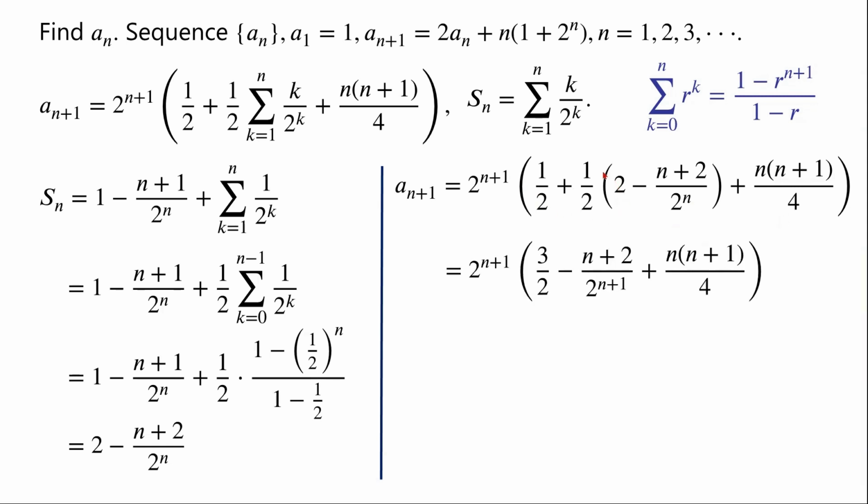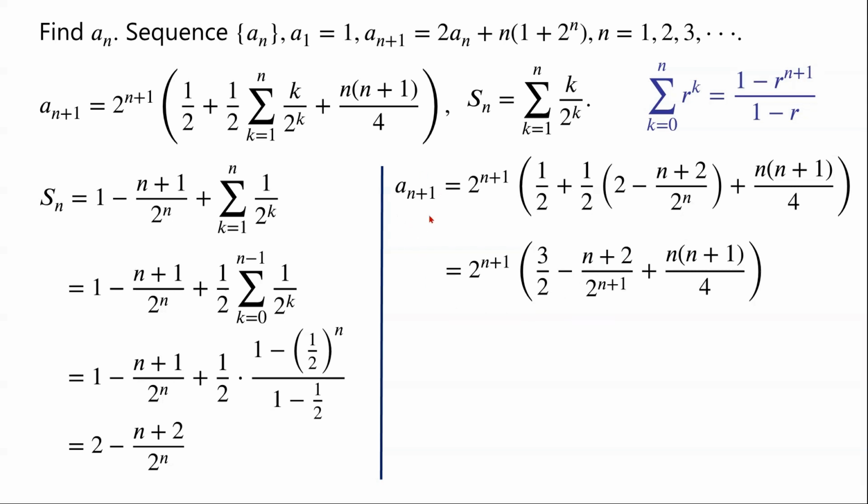A half plus a half times 2 is 3 over 2. A half times minus (n plus 2) over 2 to the power of n is minus (n plus 2) over 2 to the power of n plus 1. Now we've obtained a(n+1).